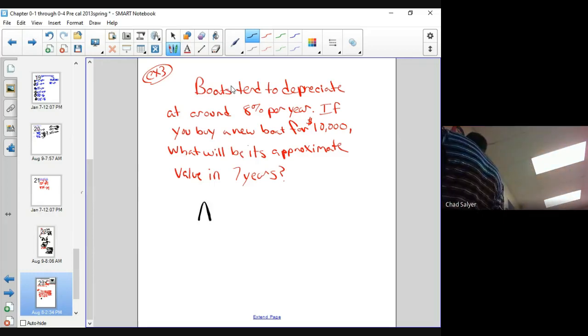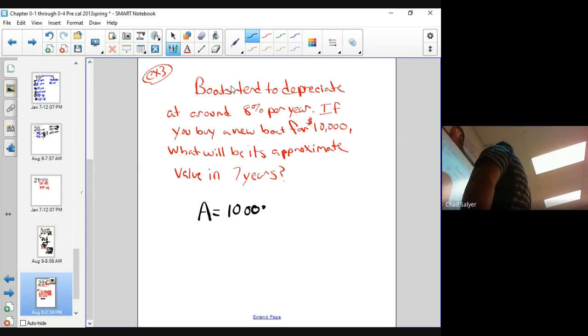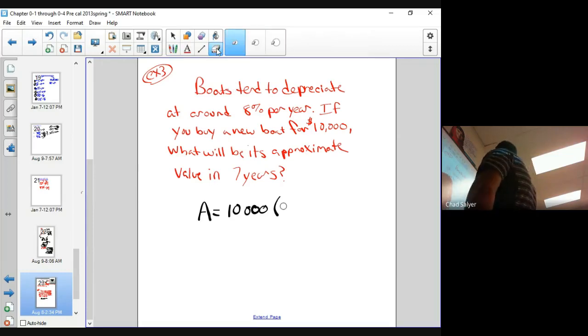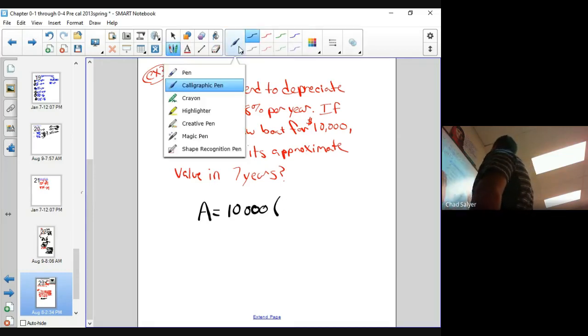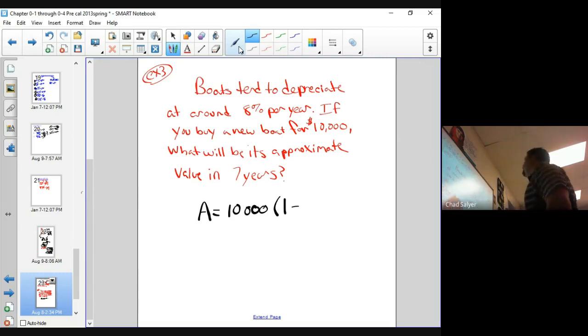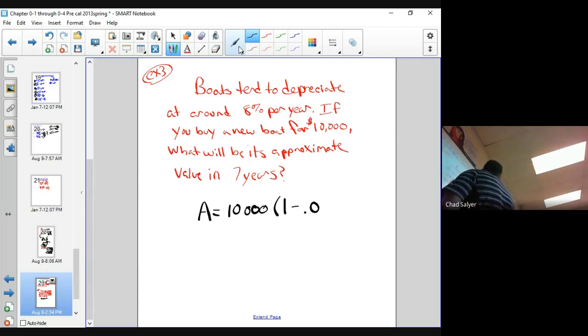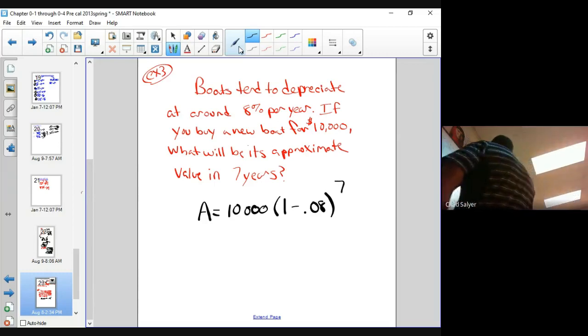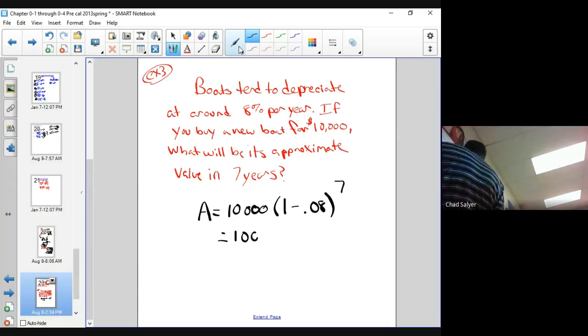So the A, the amount at time t, is going to be the P. So that's 10,000 times 1 minus, and then 8% as a decimal, 0.08, and then to the 7th power. So 10,000 times 0.92 to the 7th power.